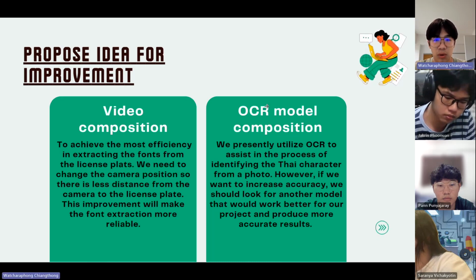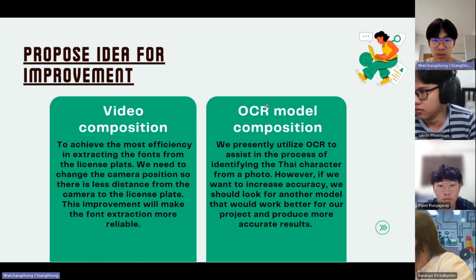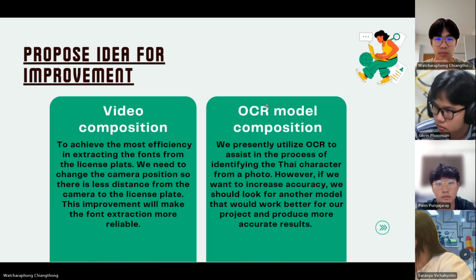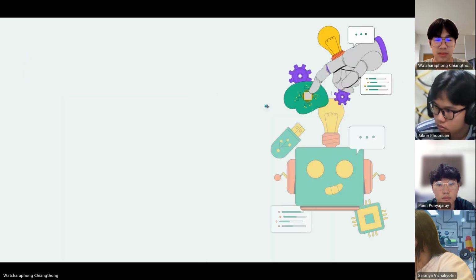About the OCR model composition, we presently utilize OCR to assist in identifying Thai characters from a photo. However, we want to increase accuracy. We should look for another model that would work better for our project and provide more accurate results. Thank you.